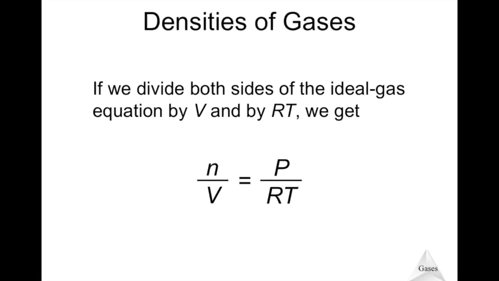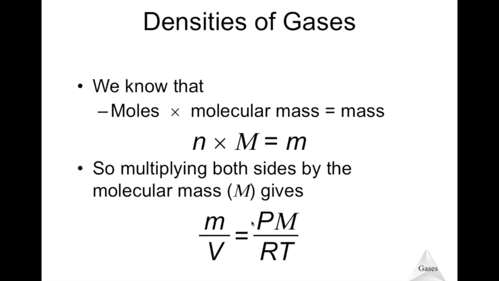You can also figure out the density of a gas using this equation. If you divide both sides of our ideal gas equation by V and RT, this is what you get. All right, this is pretty basic. And we know that moles times the molecular mass equals the mass of whatever it is that you're trying to measure. So n times big M for molecular mass equals little m, which is the mass.